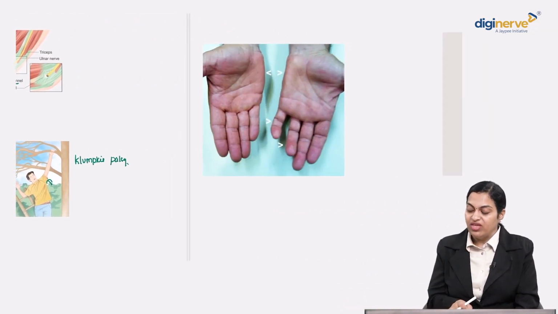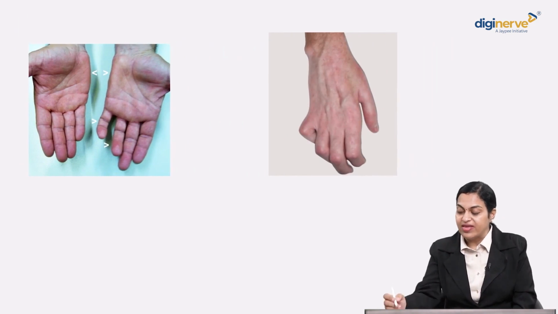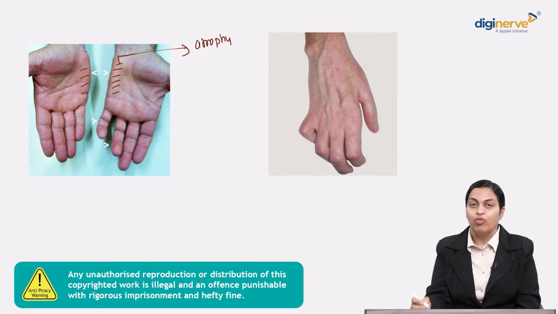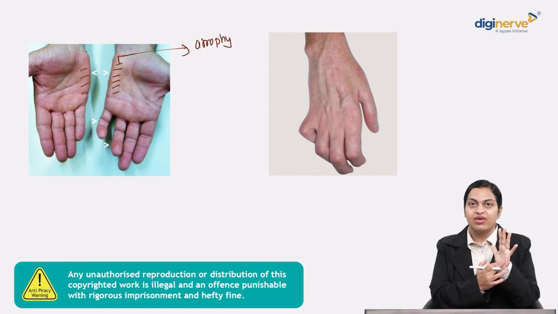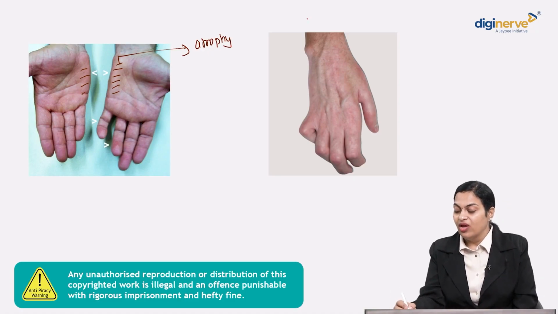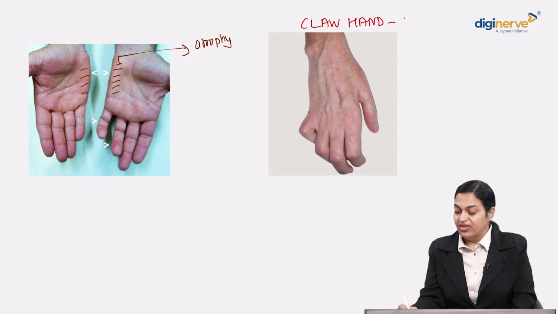So what are the features of ulnar nerve palsy? We saw that it supplies the hypothenar muscles, so it can present with atrophy of the hypothenar eminence due to paralysis of those muscles. And here, yes, we have seen claw hand involving which digits? The little finger and the ring finger, due to paralysis of the third and fourth lumbricals.